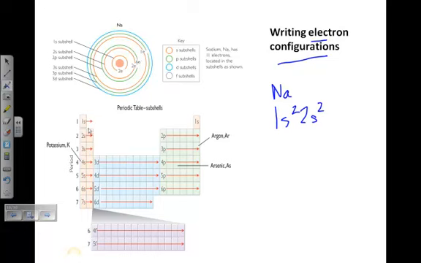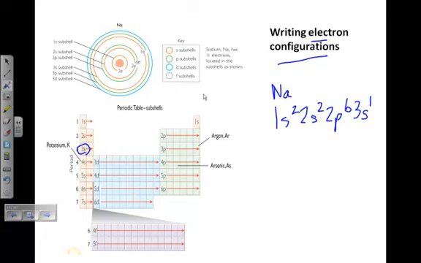So you're reading this table like a book. Second row, this is called the p subshell. Read all 6 electrons, so it would be 2p6, and then finally going to row 3, the 3s subshell with 1 electron. This is where sodium would be, atomic number 11, or the 11th electron.